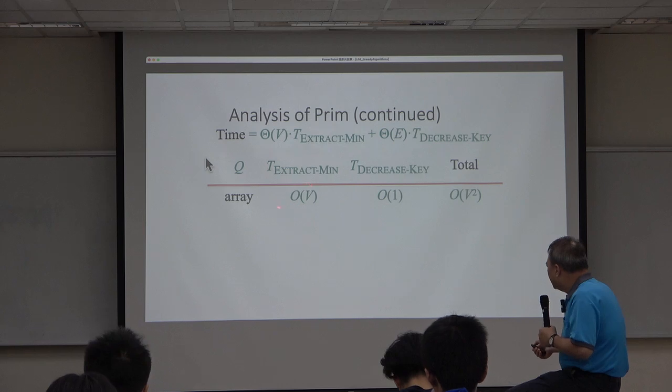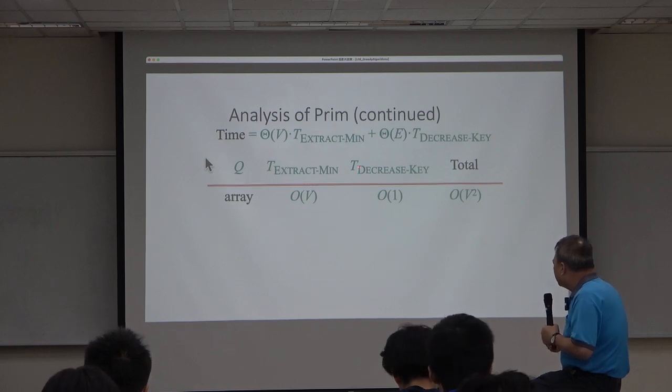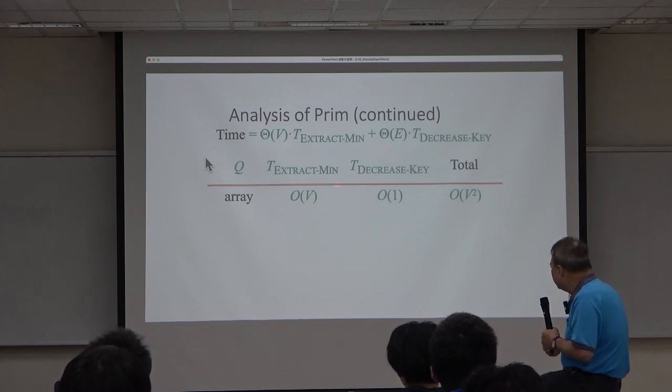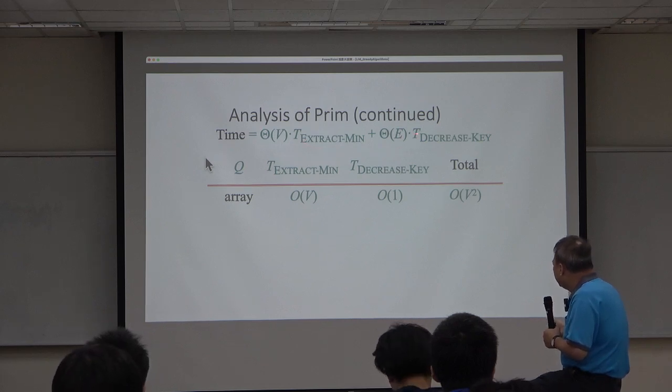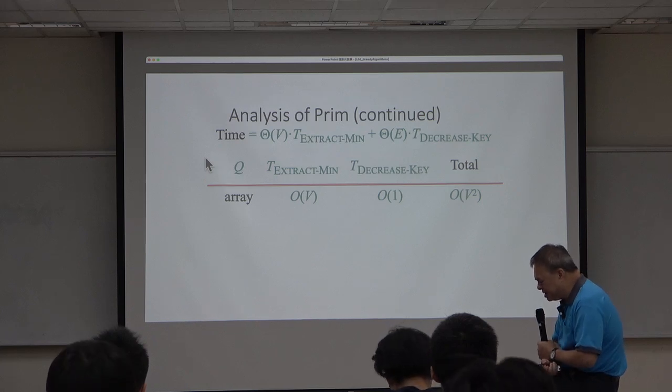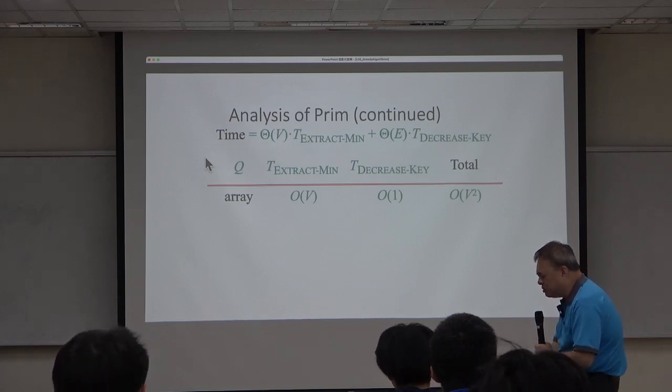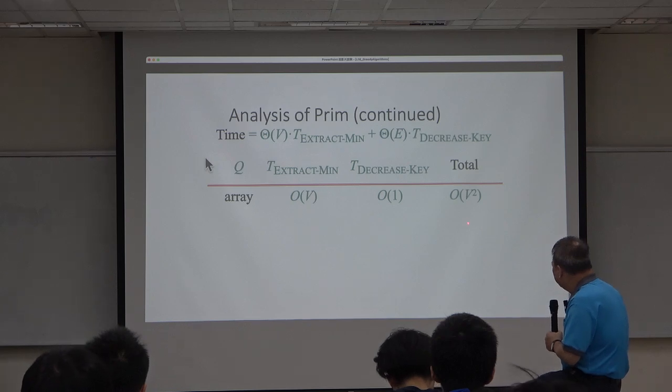But decreasing the key can be fast, it takes constant time. So the total would be theta V times V. This one is V squared, and this is E times a constant. But the order of the first term dominates the whole thing, so it's going to be big O V squared.